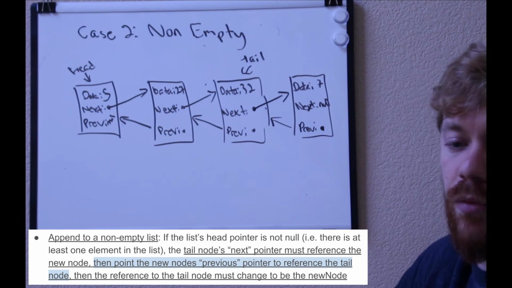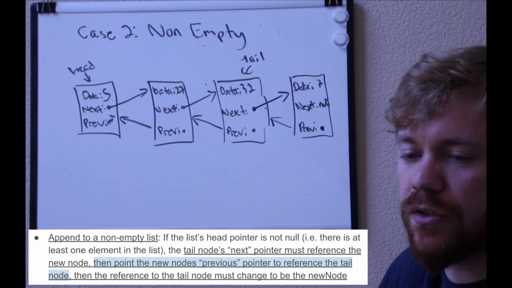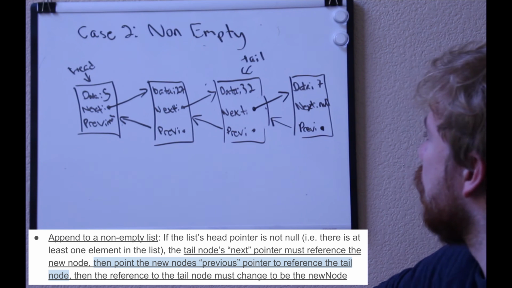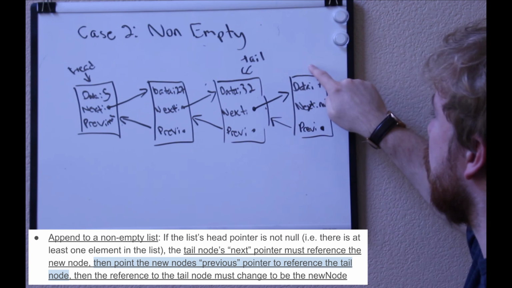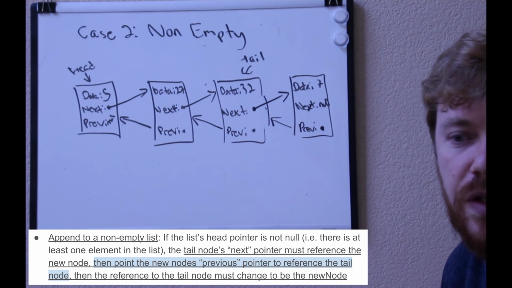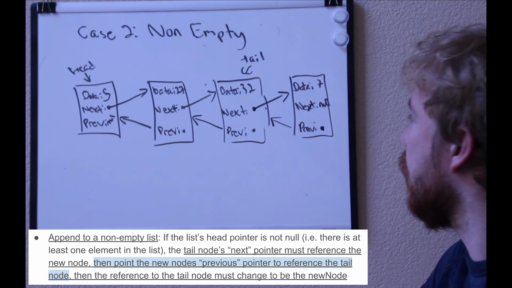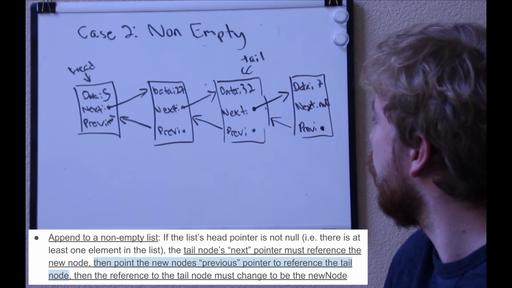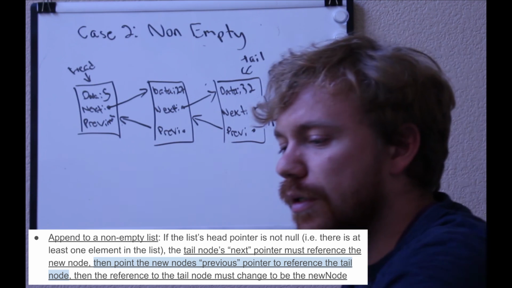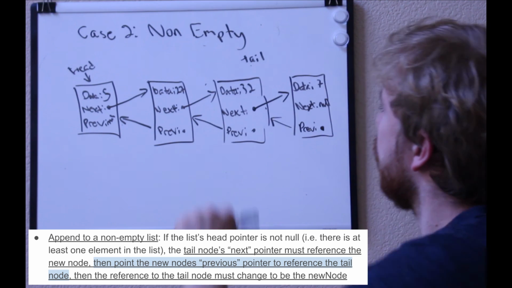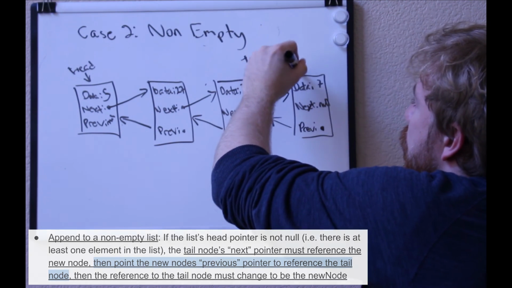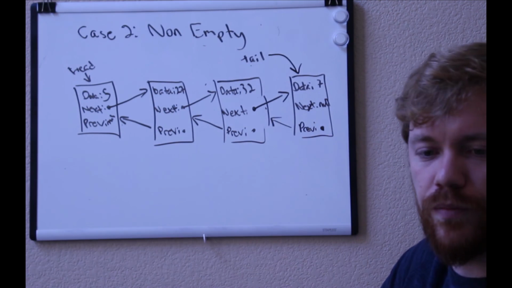Then the reference to the tail node must change to be the new node. So if we look currently, right, the appended node here is now actually at the end of the linked list. And to follow the linked list's requirements, the tail must be at the end of the linked list. So we have to change what the tail is currently referencing to now be this new node.